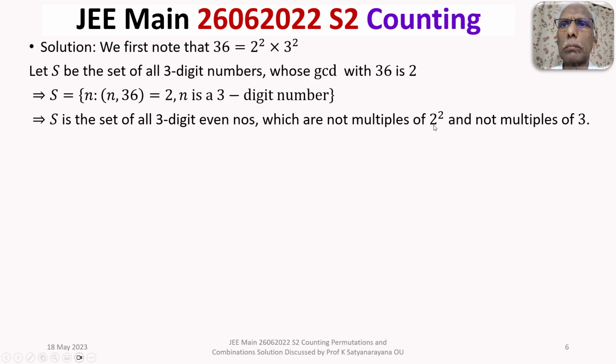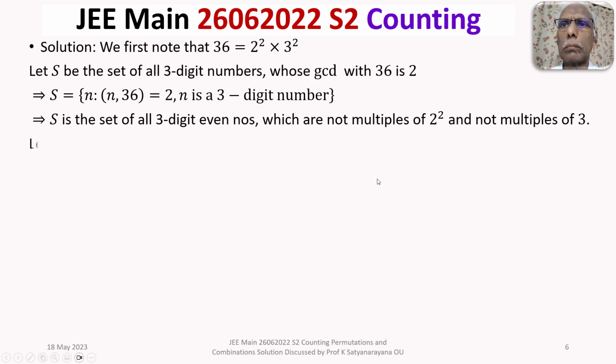If they are multiples of 2 square, the GCD will be more than 2. And not multiples of 3, again for the same reason: if they are multiples of 3, the GCD will increase.